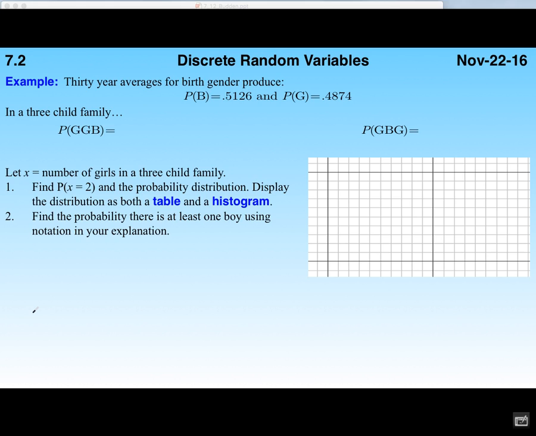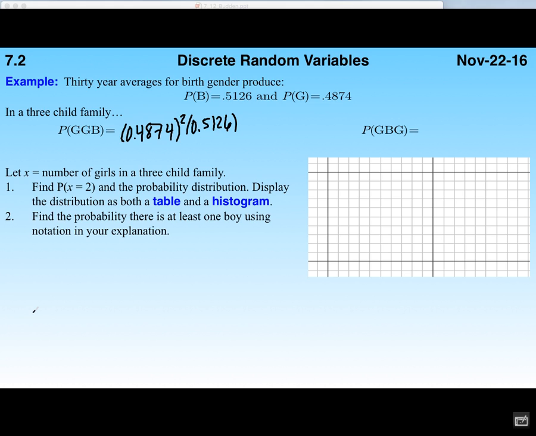It would be 0.4874 times 0.5126, or the other way around, 0.4874 squared times 0.5126. Yeah, so 2 girls and then a boy. So that ends up being... I don't know what that is.